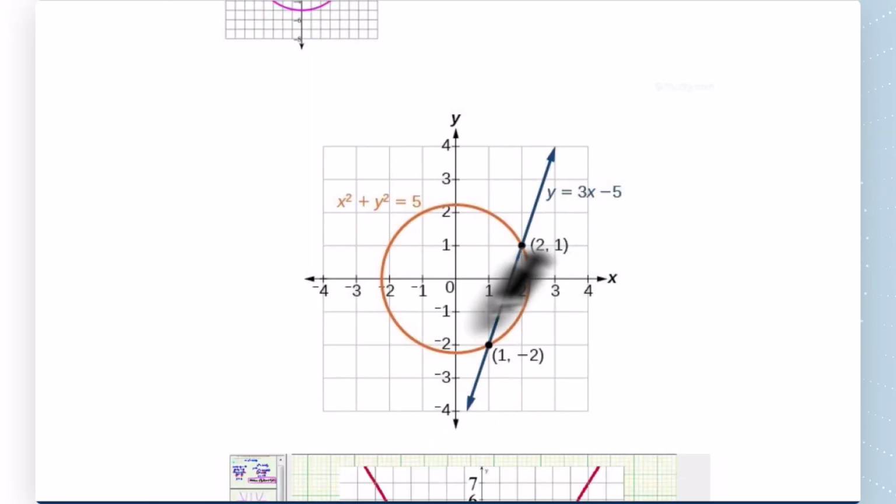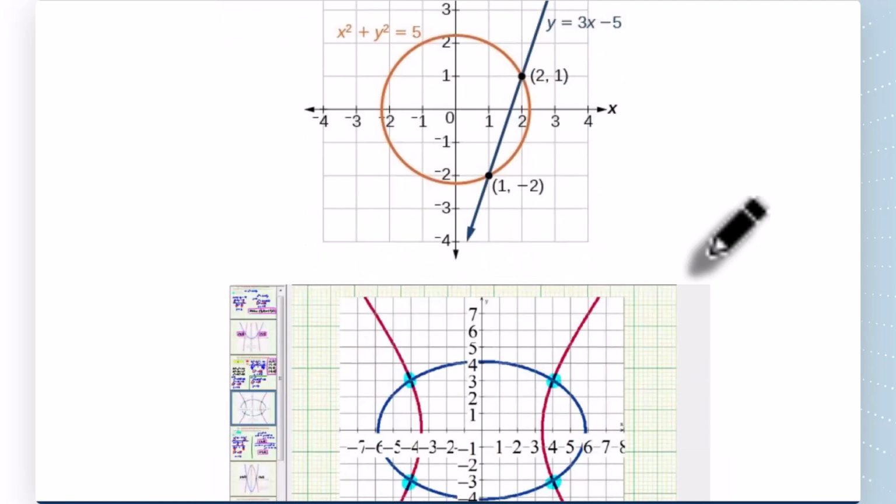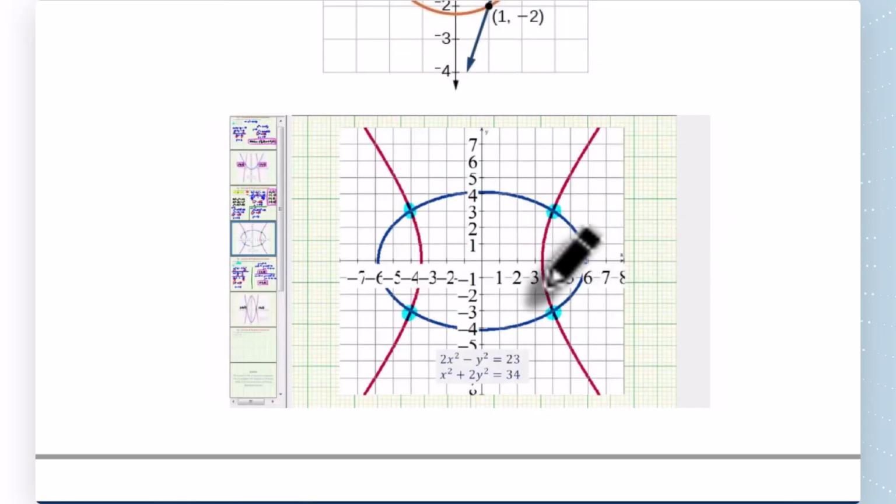I could have a circle and a line, and the line intersects the circle in two places. And I could have all kinds of strangeness. I could have an ellipse intersecting with a hyperbola, and I'm intersecting in four places. So when it gets to nonlinear things, all kinds of strange behavior can happen.